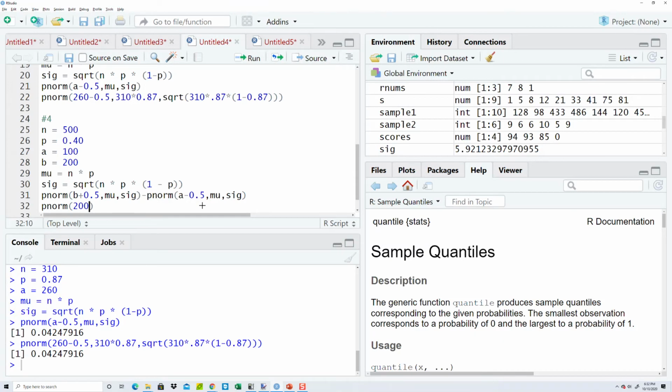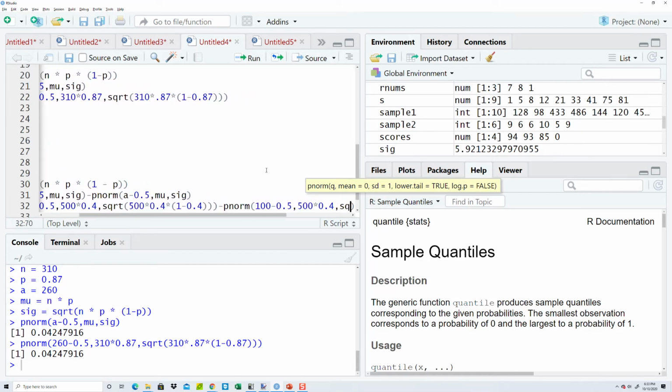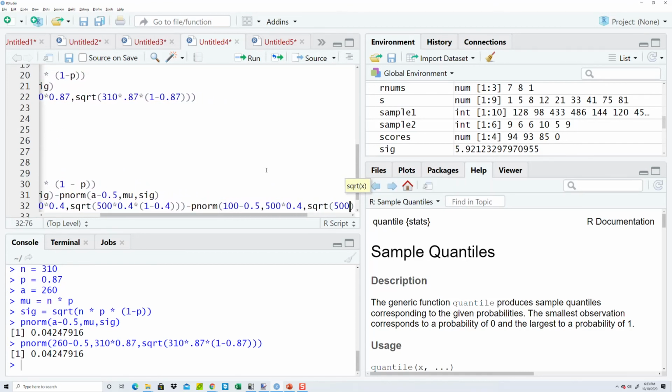Or if I were to write it all out, I'd have 200 plus 0.5, comma, 500 times 0.4, square root, 500 times 0.4 times 1 minus 0.4, minus p norm 100 minus 0.5, comma, n times p, comma, square root of n times p times 1 minus p.